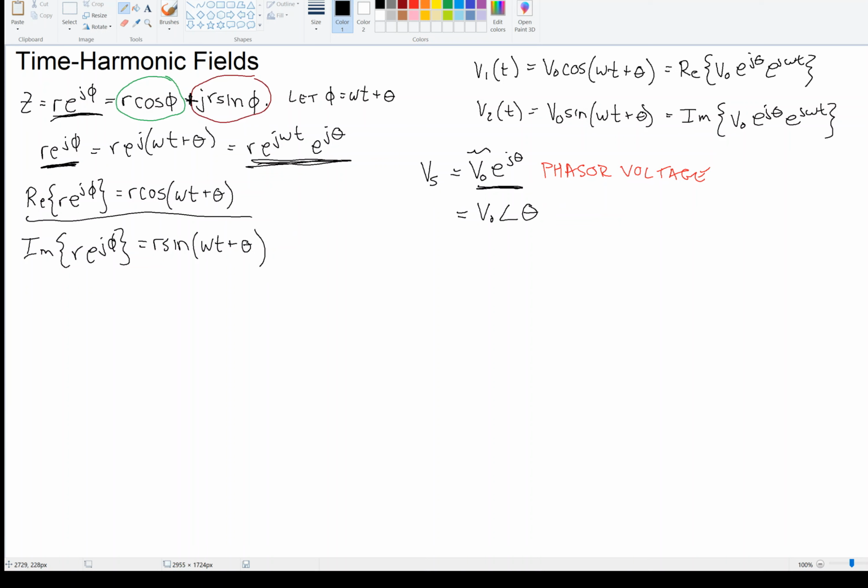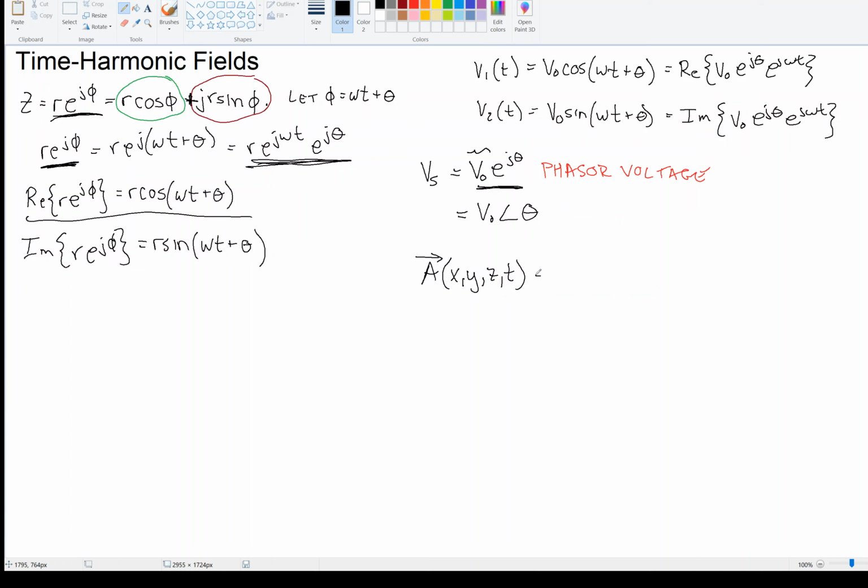So here comes the convenient part. We've dropped the time dependence, which helps with convenience. Given a vector field, let's say A, a vector field in general, as we saw earlier in the course, can be related to the spatial coordinates x, y, and z. And now we're dealing with time-dependent vector fields, so there's the time dependence.